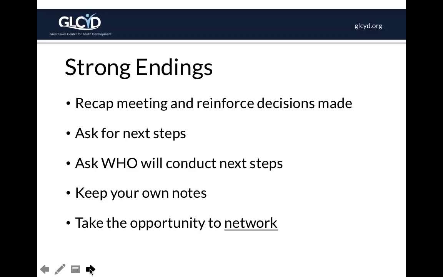You also want to keep your own notes. For people that just don't like taking notes, I'm not necessarily saying you need to take notes on everything that happens during the meeting. But some of the time you may say, oh, so-and-so was discussing this, and that's not related to this meeting whatsoever, but I want to follow up with them about that.